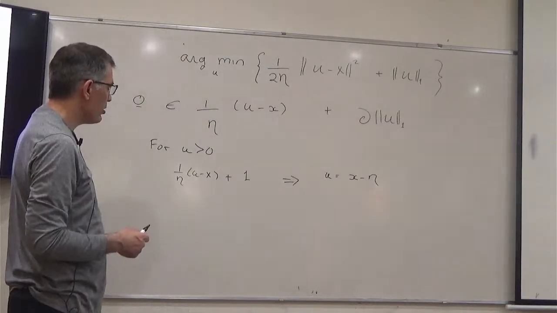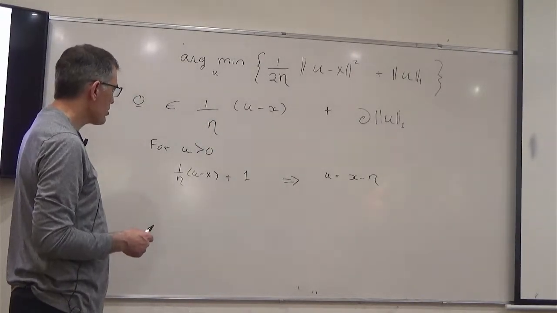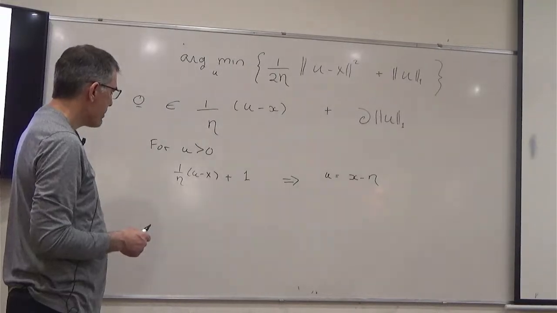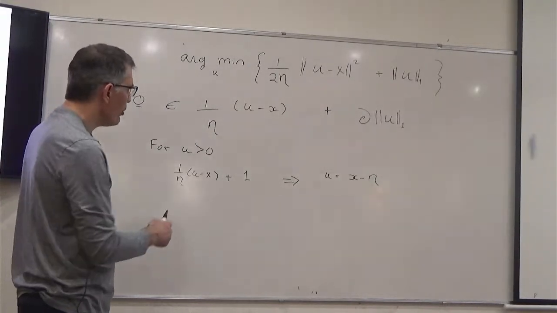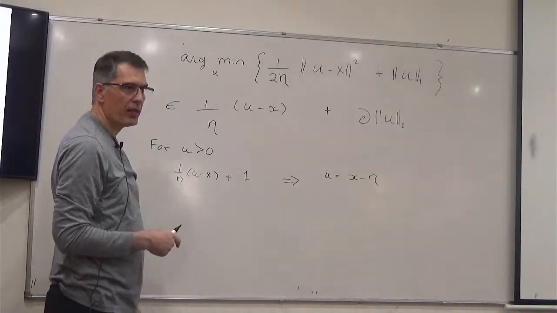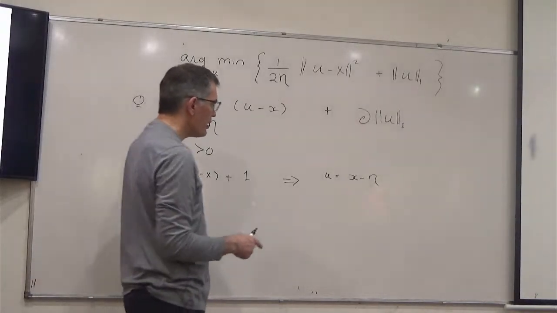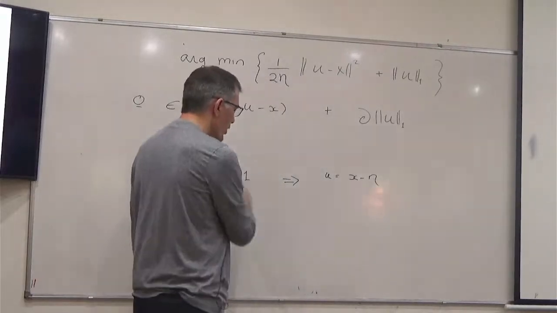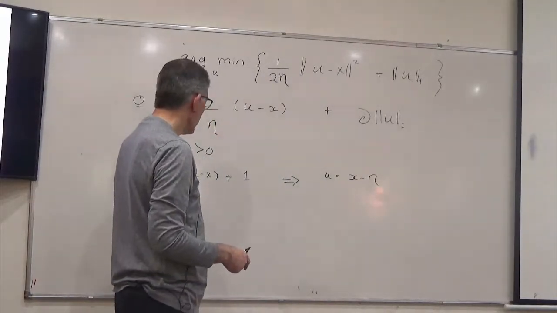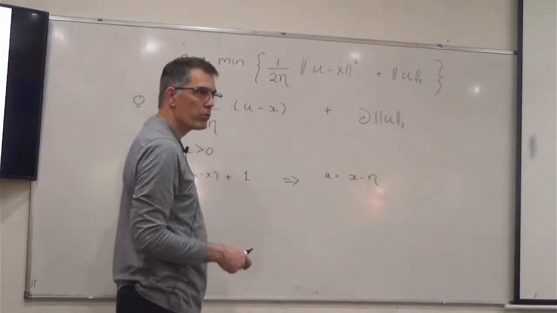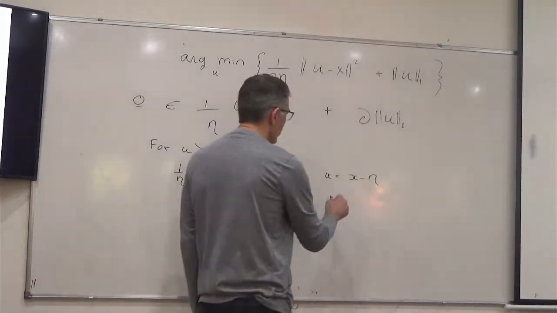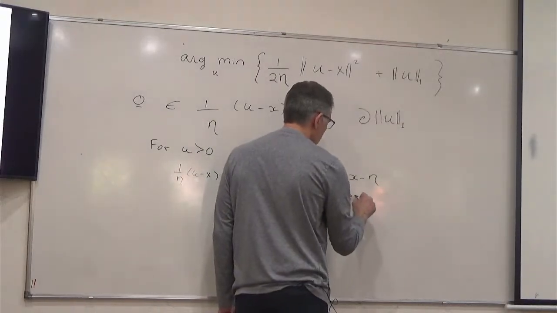I get u is equal to x minus eta. But I'm slightly more constrained than this, in the sense that this will be true provided that u is greater than 0. So really, this will only work when x is greater than eta.